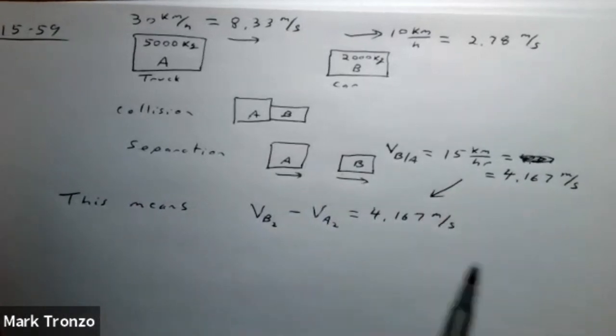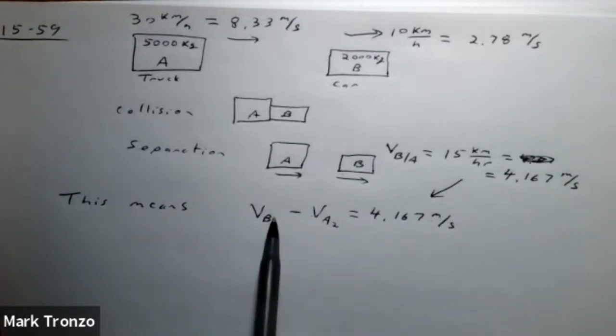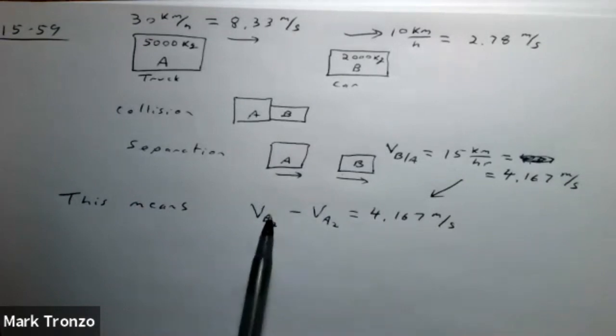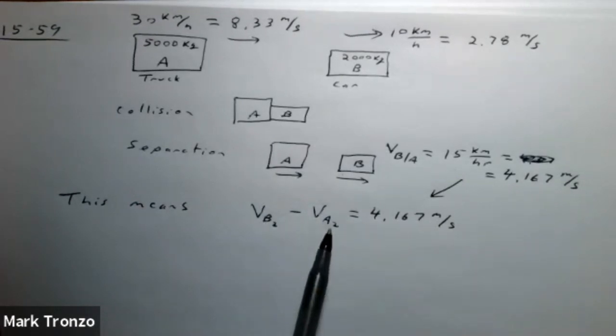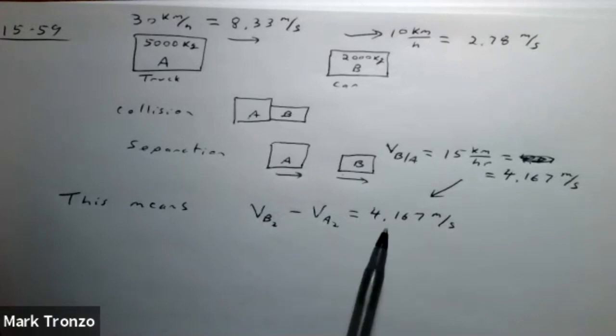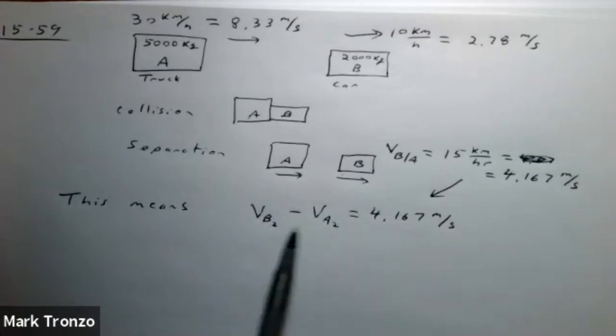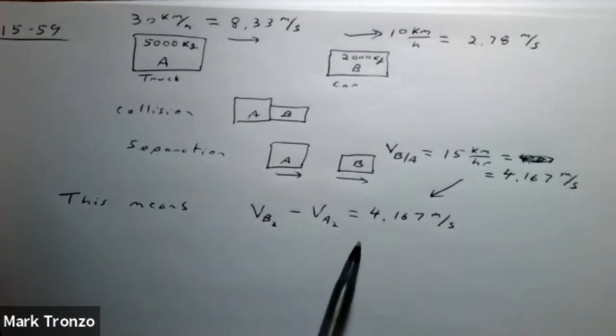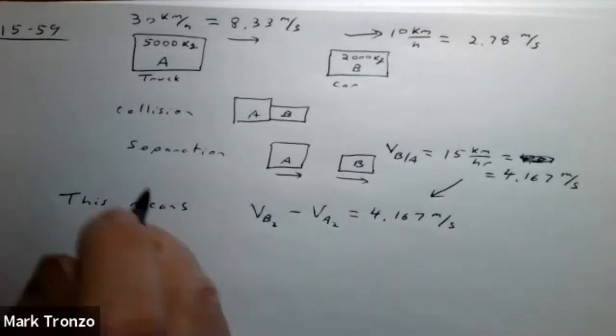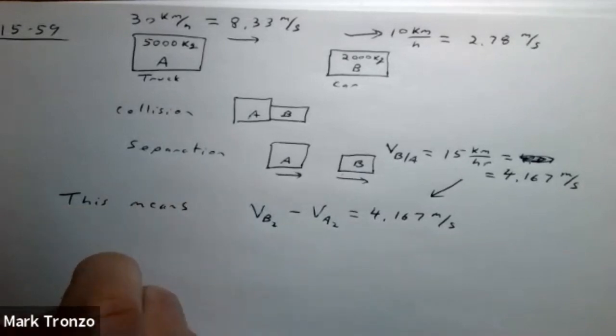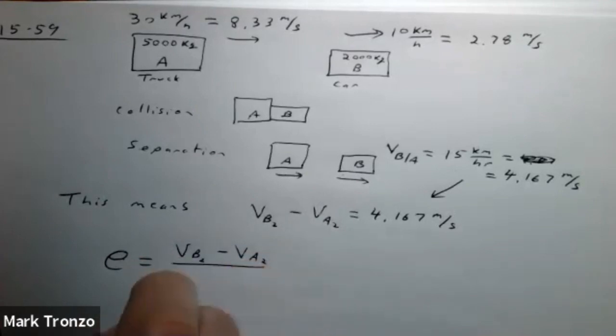In other words, the difference between the speed of car B and the truck is going to be that difference. So we know that much, and we can use this to find our coefficient of restitution. Remember, that's VB2 minus VA2 divided by VA1 minus VB1.